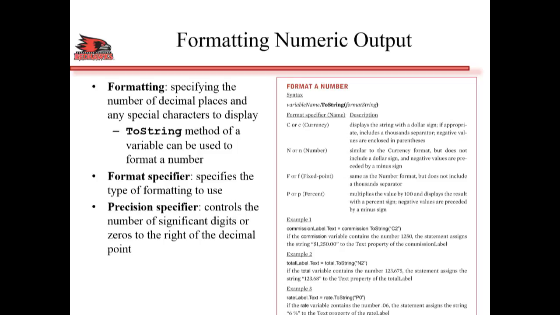Suppose you have a variable called commission with your money value stored in it, and you want to output that in a label. That's your example 1. The text in the commission label would be whatever is in commission, converted to a string using double quotes.